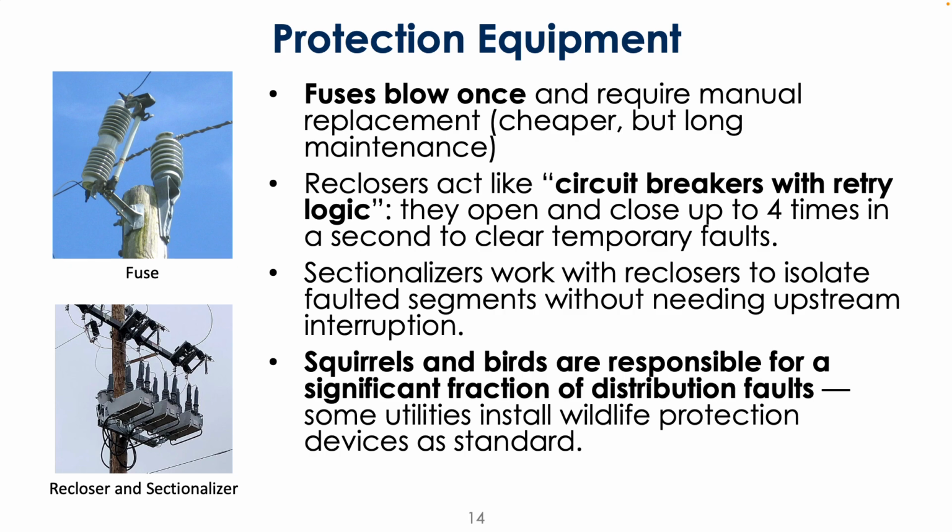But if it stays on, it likely means something got fried and then the fault cleared. Hopefully it was just a branch, though it could be a squirrel that got shorted.